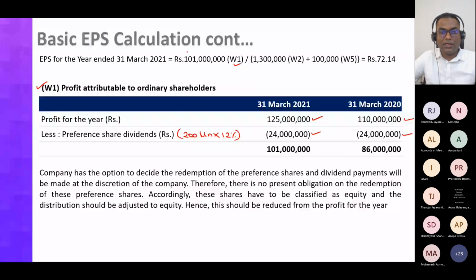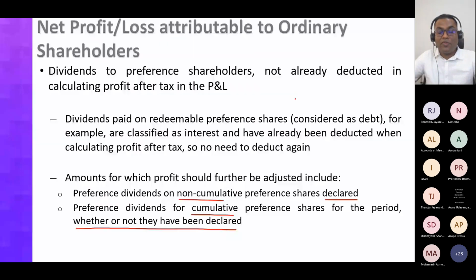I have taken the numerator, which is the profit attributable to ordinary shareholders, 101 million, taken from working number 1. Then the denominator should be the weighted average number of shares, which is 1.3 million. But in this question, you have an additional complication. What is it? Before that, let us look at the next year.